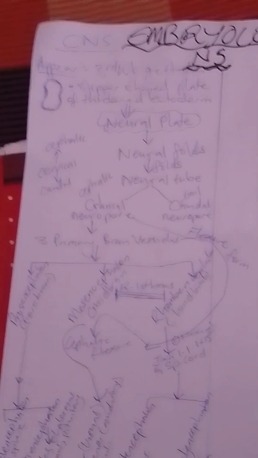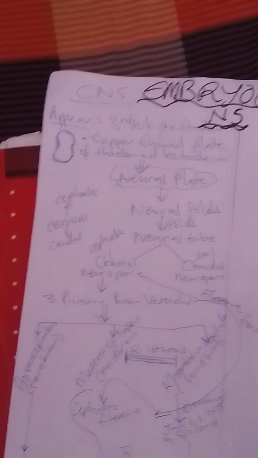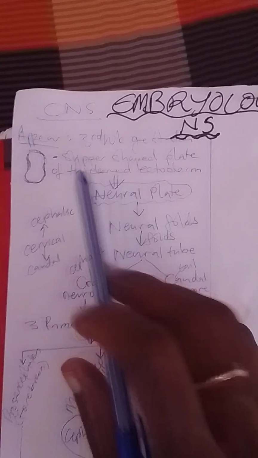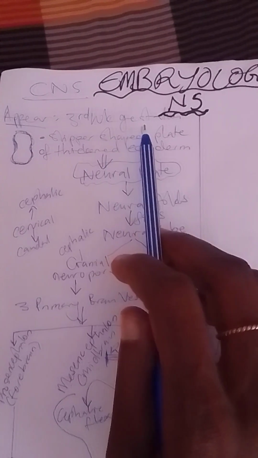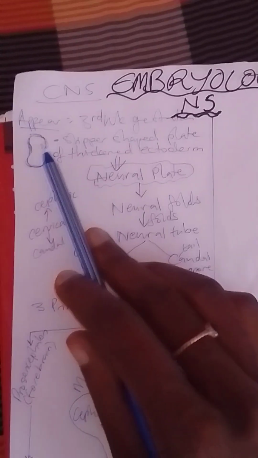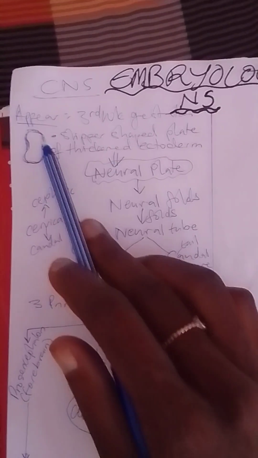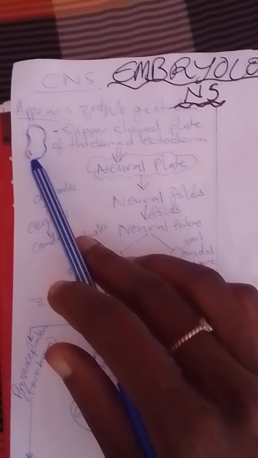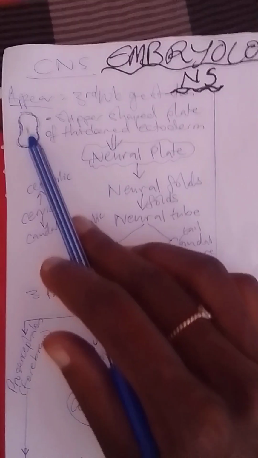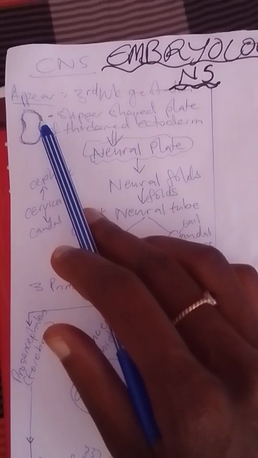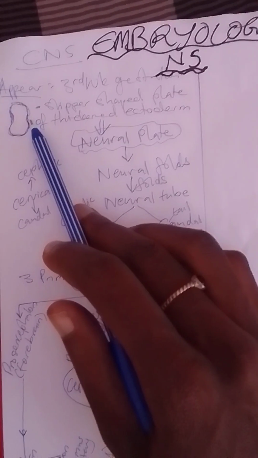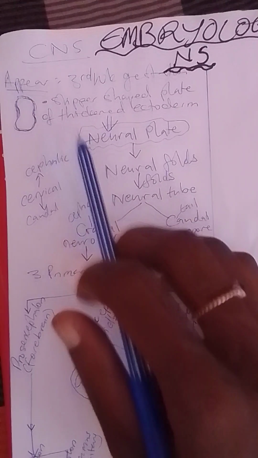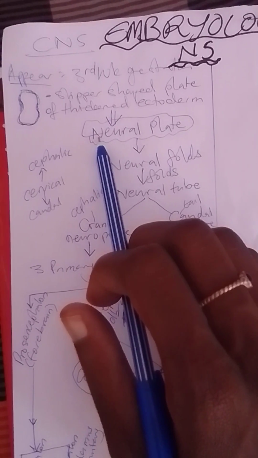Okay, so this is the embryology of the nervous system, looking at the CNS. You need to remember that the central nervous system begins to form within the third week of gestation, and it appears like a slipper. It's a slipper-shaped plate of thickened ectoderm, and on the lateral edges, neural folds are going to form.